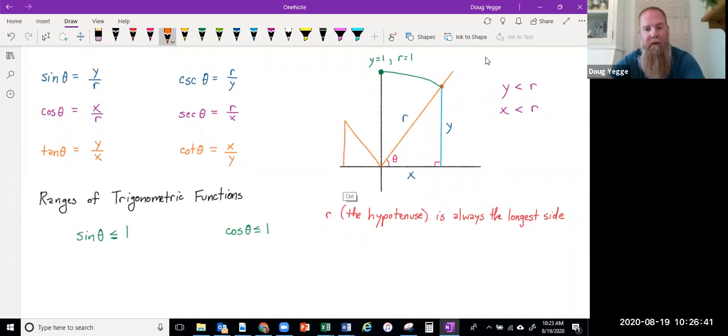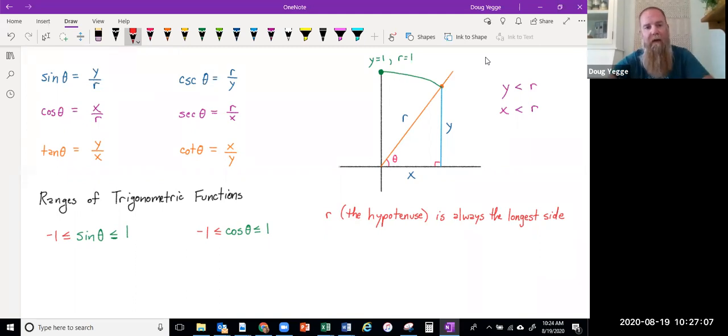So in this particular case, we should recognize that sine of theta has to be somewhere between -1 and 1. Believe it or not, this is an extremely important aspect of trigonometry. The values of sine theta and cosine theta are always fractions that are less than 1. It's just that sometimes they could be positive or negative.